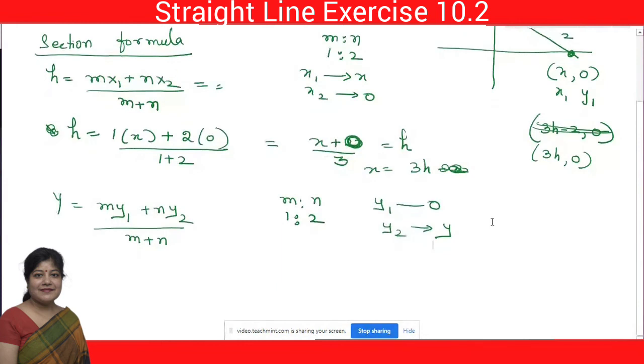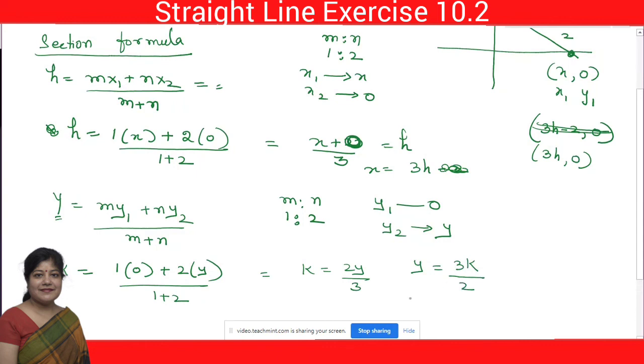Now here we write k equals 1 into 0 plus 2 into y over 1 plus 2, that is 2y by 3. So y is equal to 3k by 2.